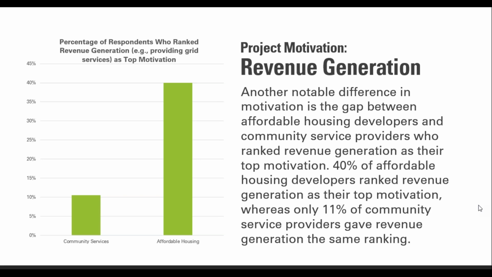Whereas a community service provider is often a nonprofit with different financial priorities. But while the bill cost savings are going to be important in that scenario, the motivations between bill cost savings and resilience are definitely intertwined.